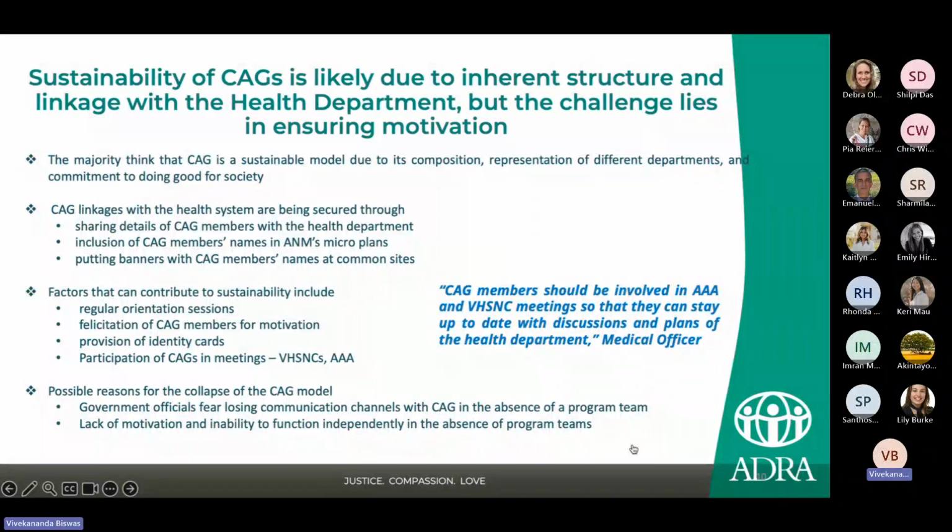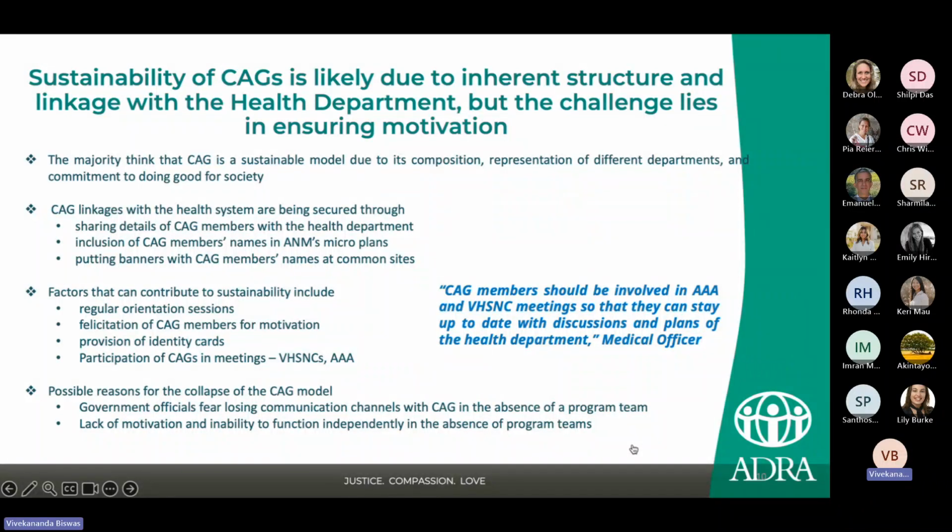As we said, the CAG is a representation from the entire community, starting from the local doctors, education department, health department, social workers, so it represents each part, each corner of the community. So this is one of the components. Because of its composition itself, it's very much sustainable.